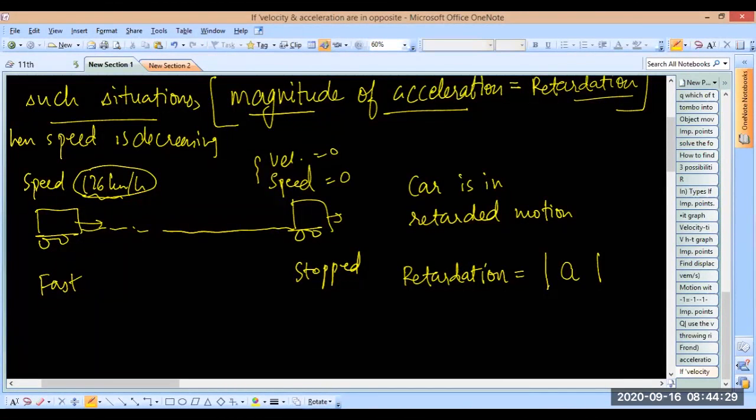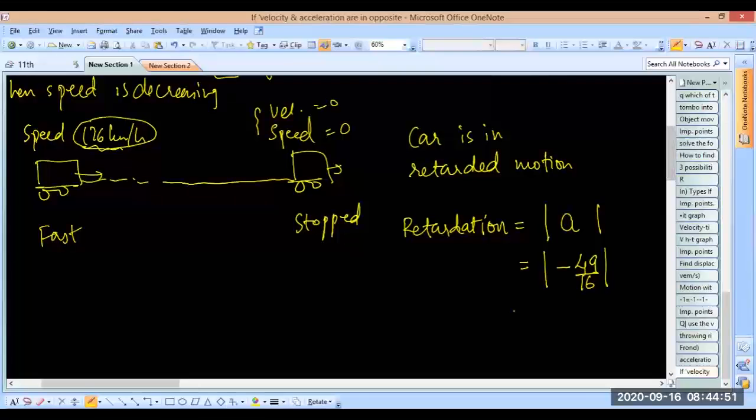All right? So now let's put the value. Finally, we can say that the retardation is 3.0625 or 49/16, as you want to write. You can write it either way.